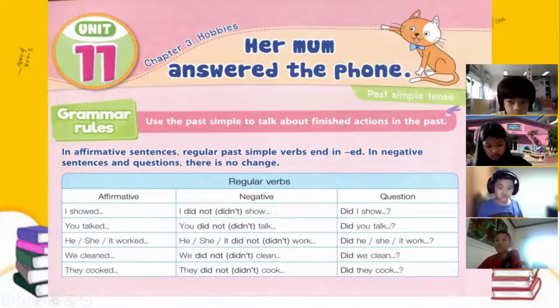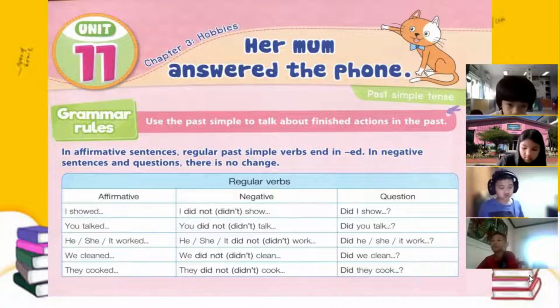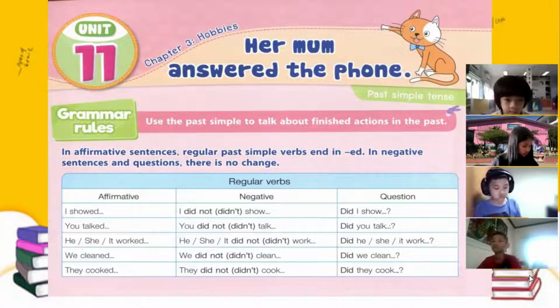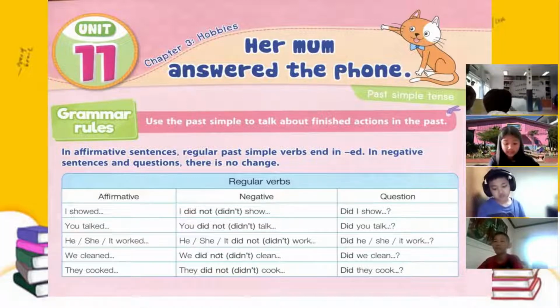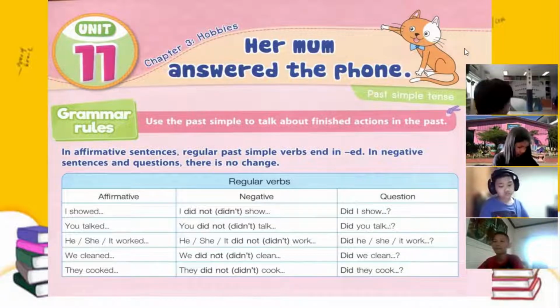Anyone? No one? Okay, so we're going to repeat it one more time a little bit.